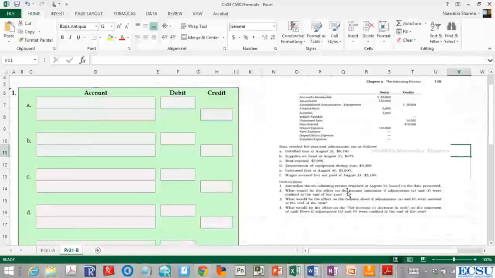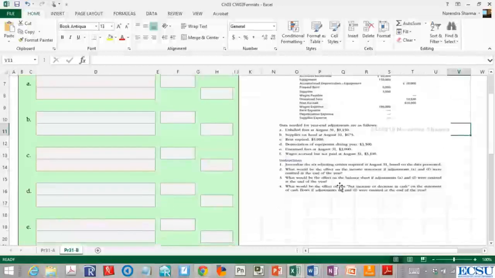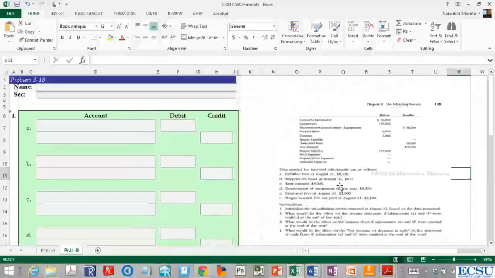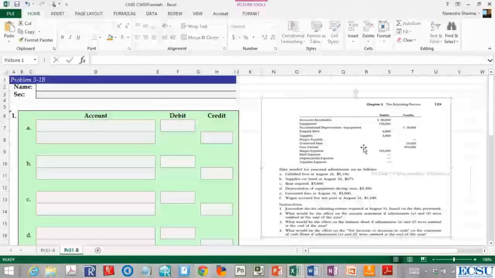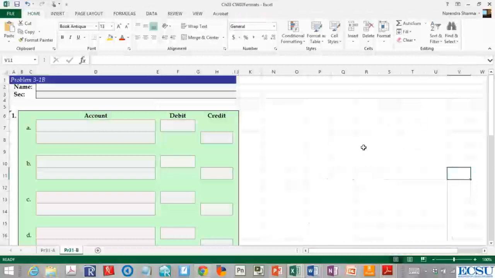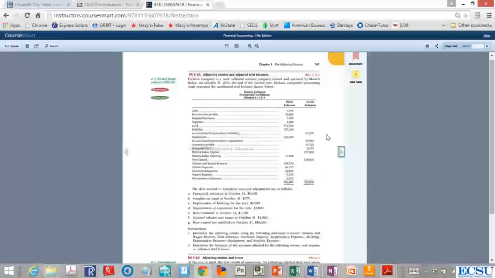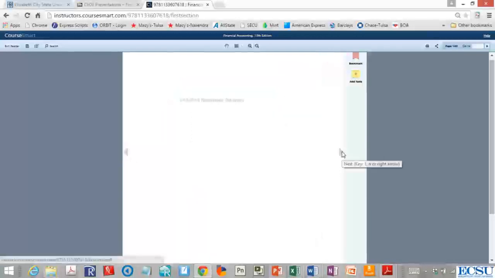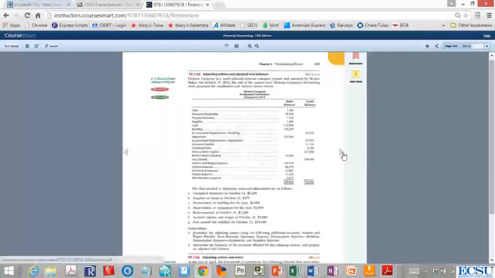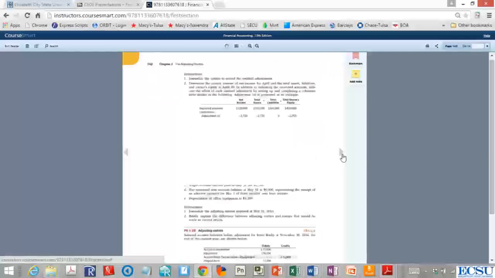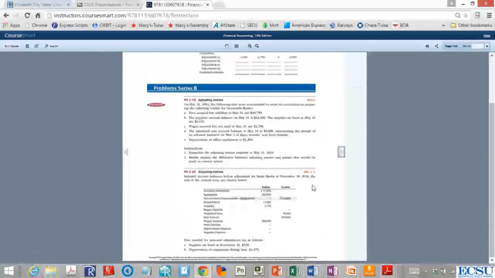Now, I think I have a wrong problem in this. Let us find out the right problem. Go to that problem and then see. This is 3.5a and, yes, 3.1b.